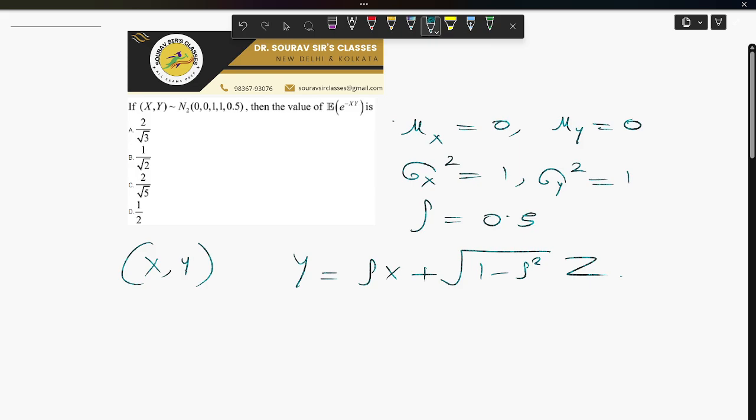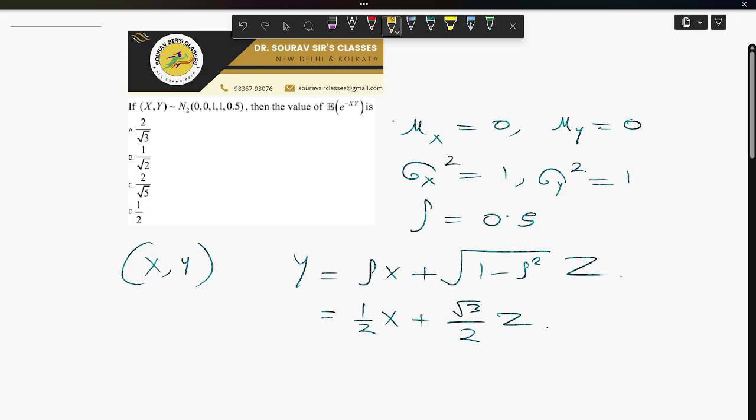Substituting rho equals 0.5, the correlation coefficient, we get Y equals half X plus root 3 by 2 Z. So now we are going to compute the expectation of e to the power minus XY.